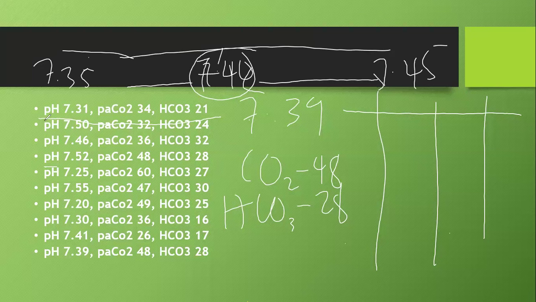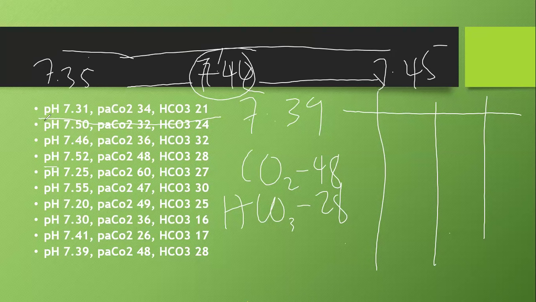So let's now come back to our example, pH of 7.39. Even though we have established that it is normal, which side of the normal is it going, acid or base? It's acid. 7.39 is less than 7.40, so it is going towards the acid direction.